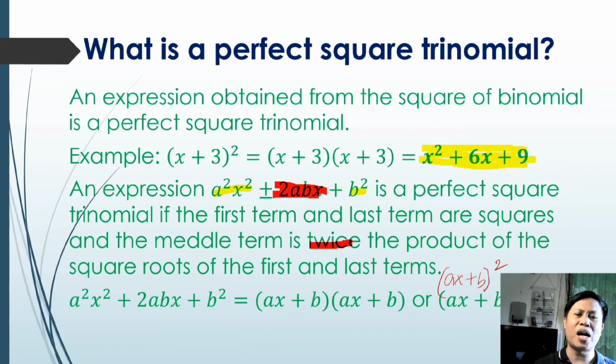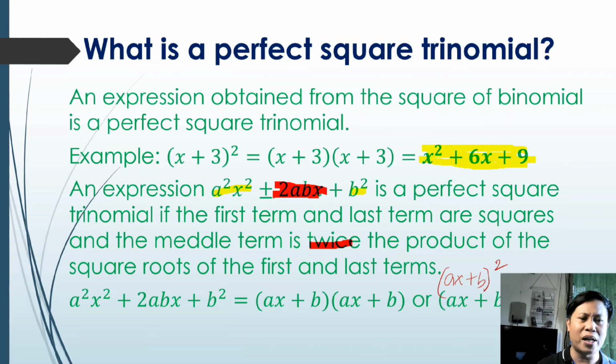So how do we know that the given expression is a perfect square trinomial? First, the first and the last term must be squares, and the middle term is twice the product of the square root of the first term and the last term.